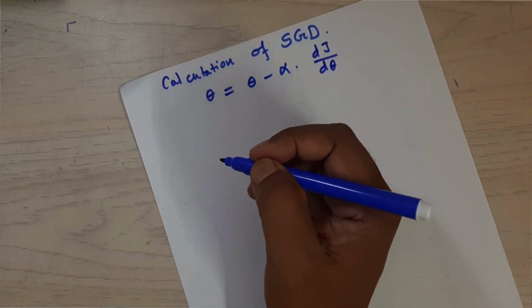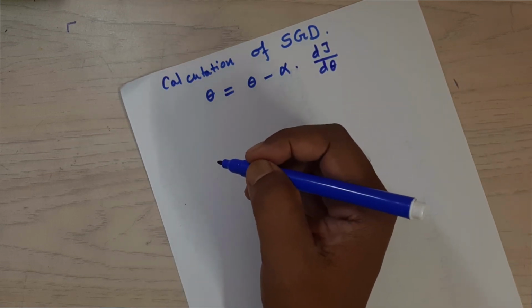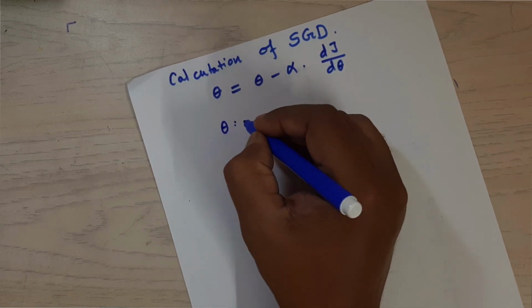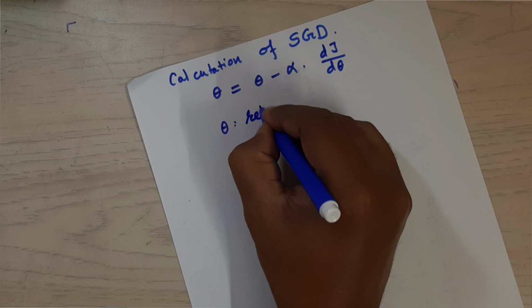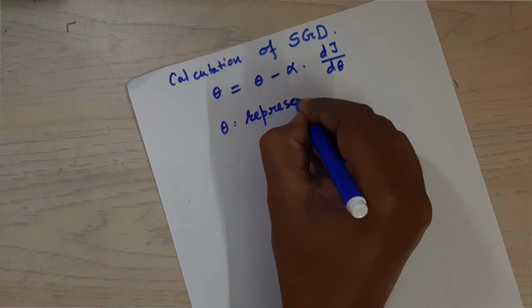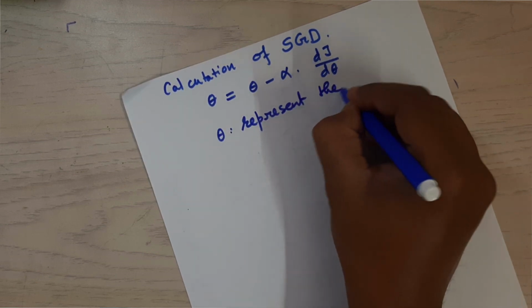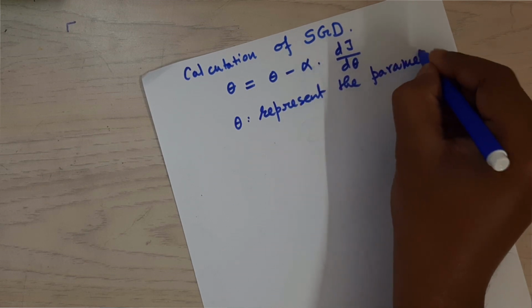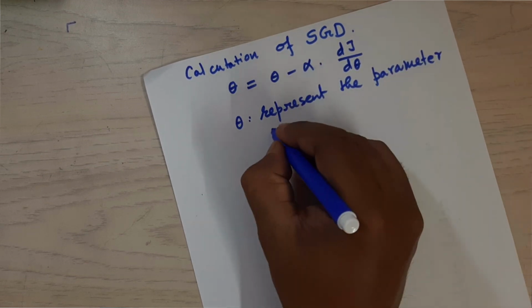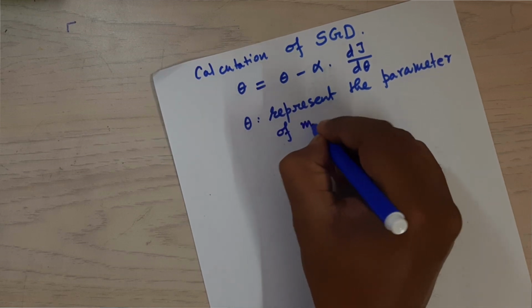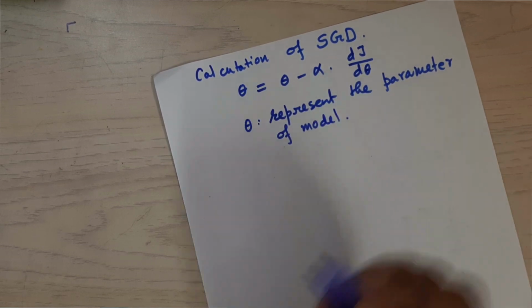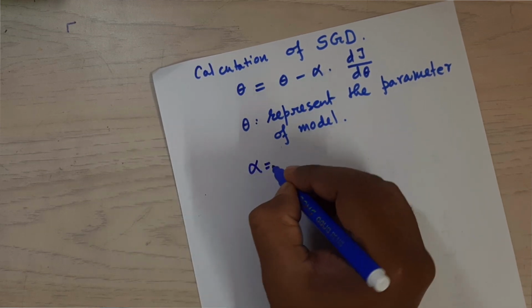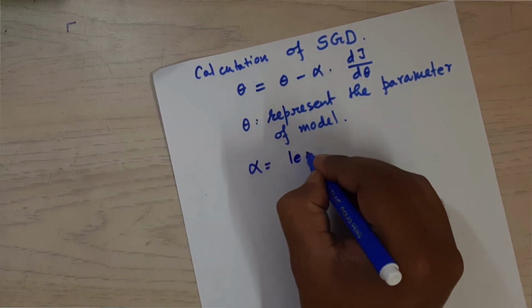This is the update rule for stochastic gradient descent. Theta represents the parameter of our model, and alpha is equal to the learning rate.